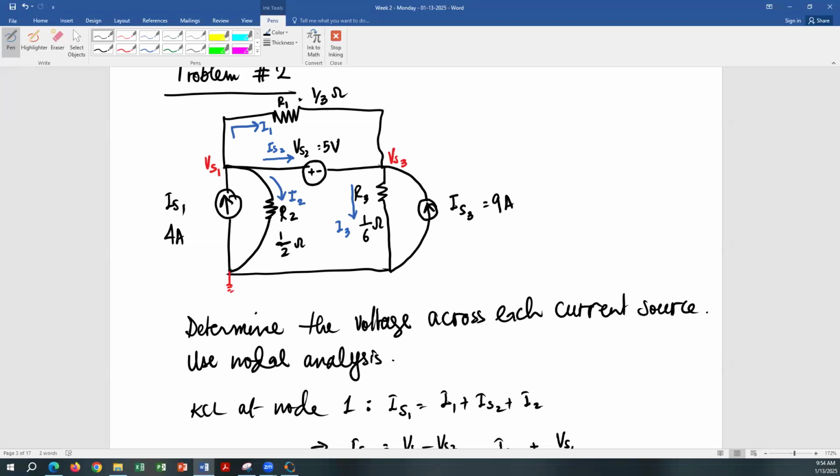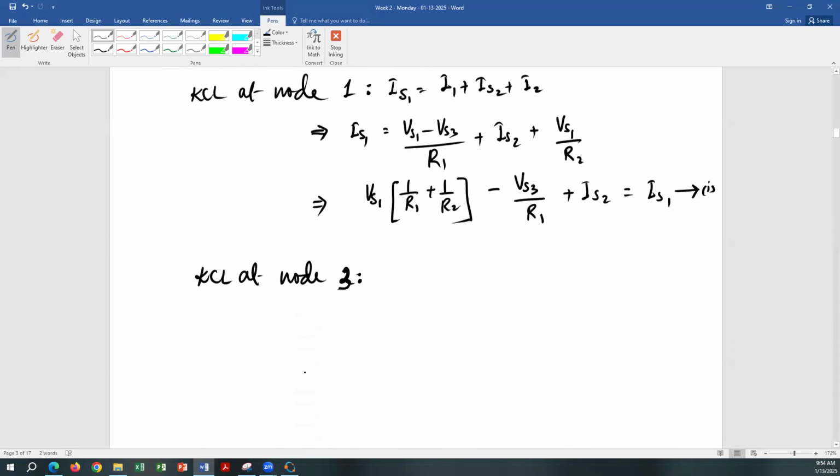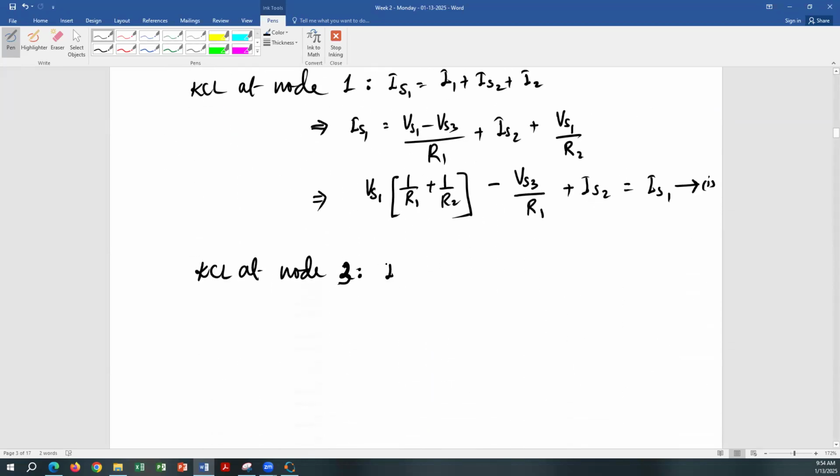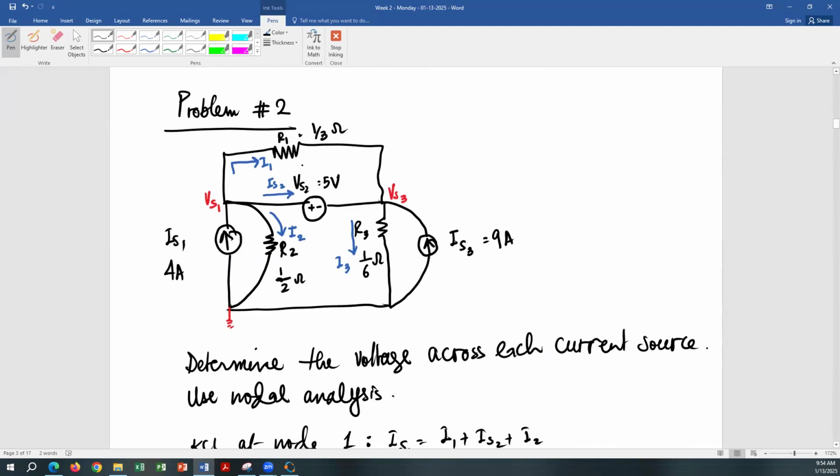Very good, excellent. So I1, Is2, and Is3 are all going towards node 3, and I3 is going away from node 3. So I1 plus Is2 plus Is3 equals I3.